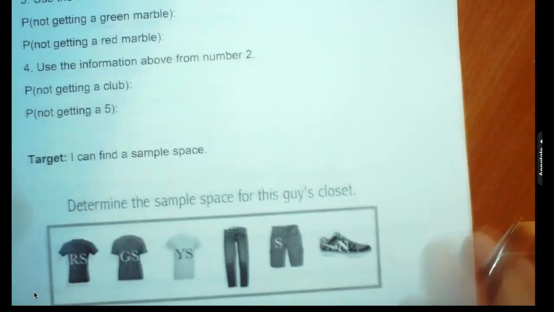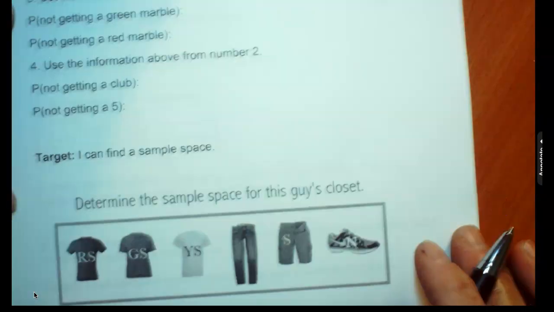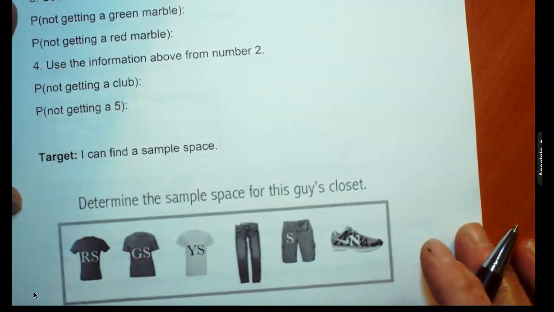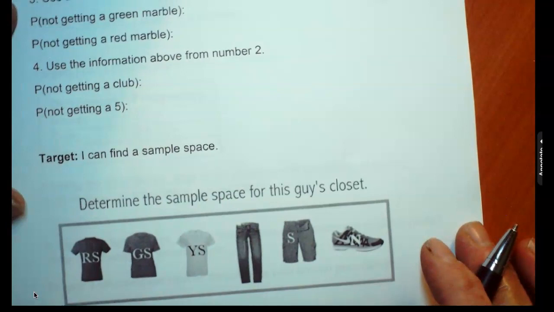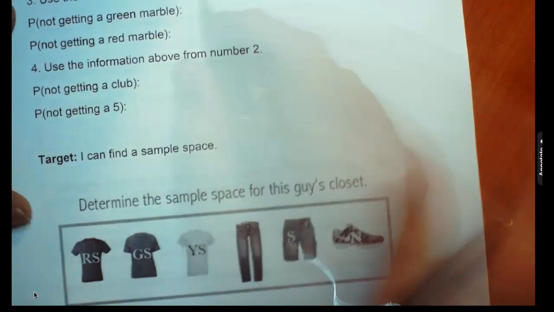All right. Turn the page. All right, I can find the probability of a complementary event. Write the complementary event of the following events. Write as a fraction in simplest form. Use information from number 1. Let's go back to our marbles here.